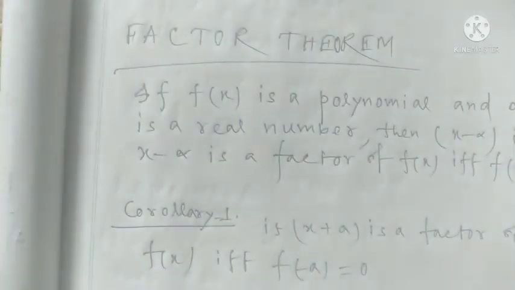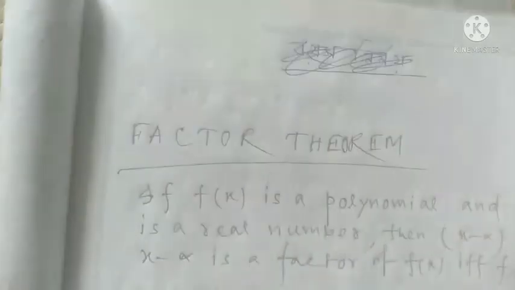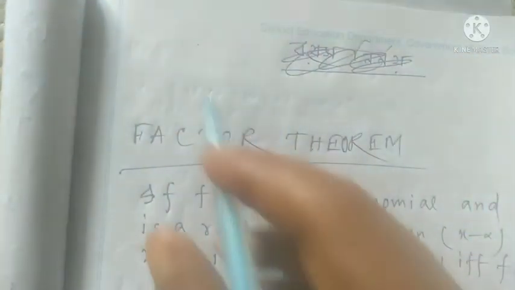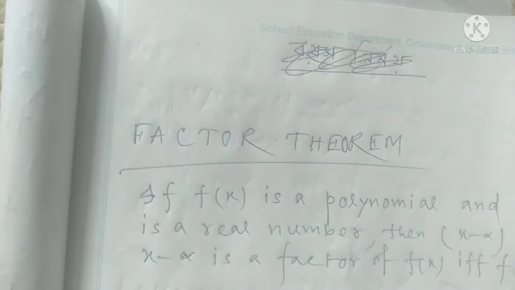After the remainder theorem, you have the factor theorem. That means, if you find a factor, is this a factor, yes or no, and what is the factor of this equation? Suppose x square plus 5x plus 6.